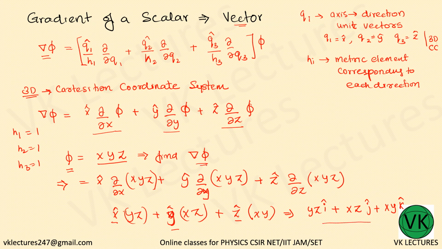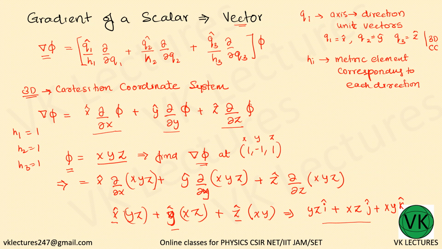Now sometimes in the question it will be del phi at (1, -1, 1). So you have to substitute for x, y and z, and you will get the corresponding vectors.